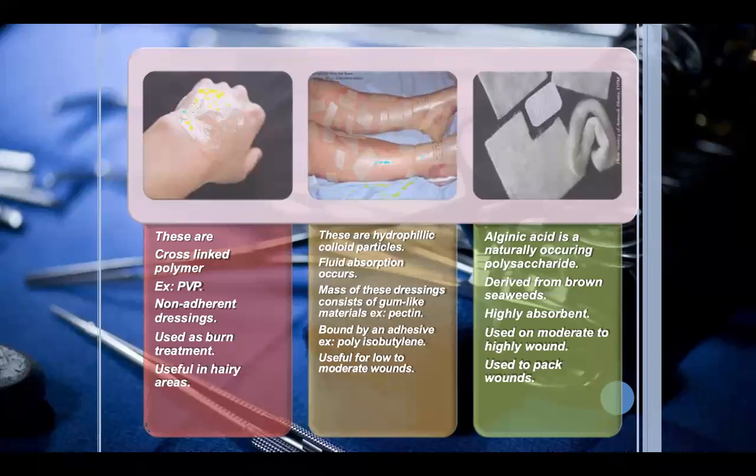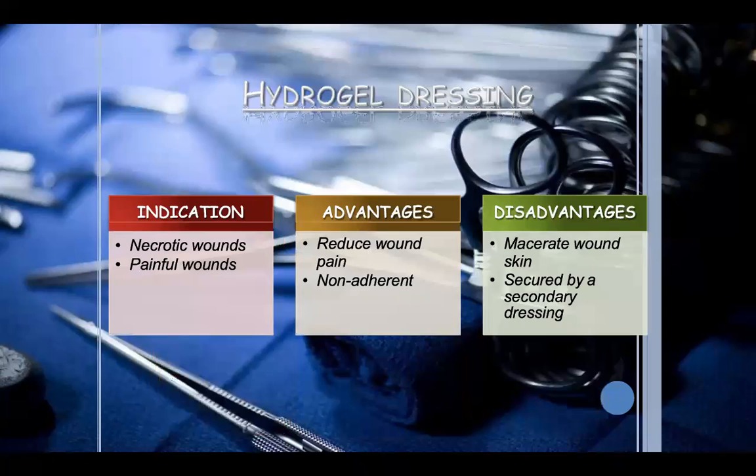The mass of these dressings consists of gum-like materials, for example pectin, bound by an adhesive, for example polyisobutylene, useful for low to moderate wounds. Alginic acid is a naturally occurring polysaccharide derived from brown seaweeds, highly absorbent, used on moderate to highly exuding wounds, and used to pack wounds.